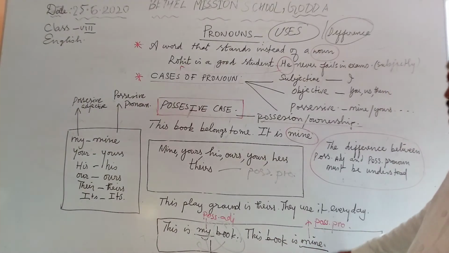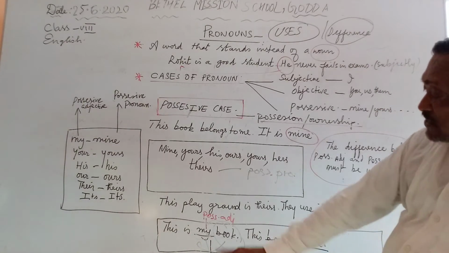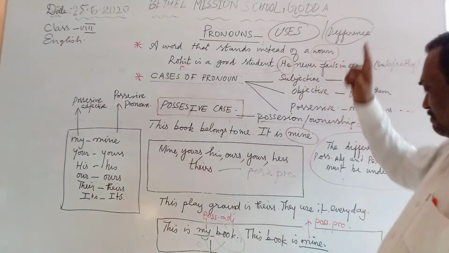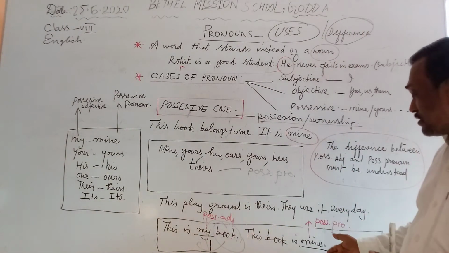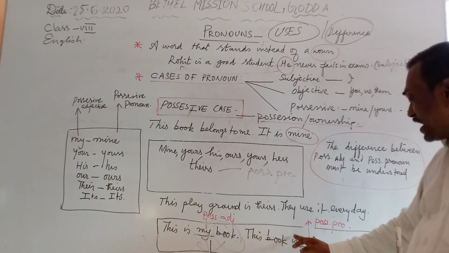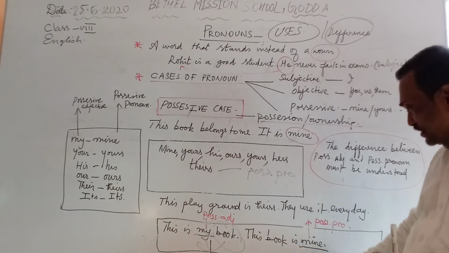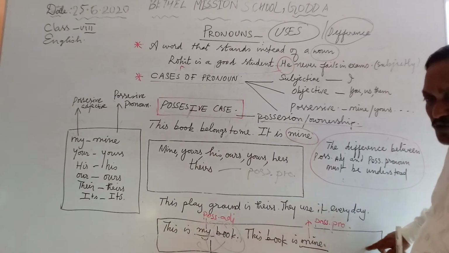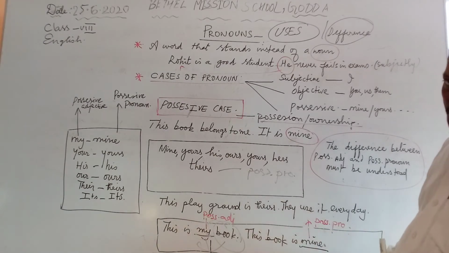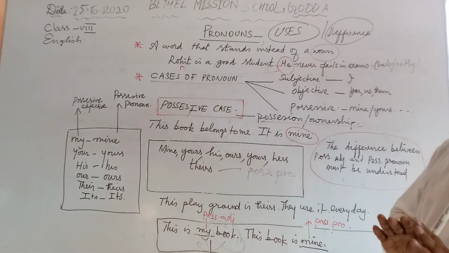Here, the word "mine" is not a possessive adjective, but a possessive pronoun. Why? Because after the noun there is a verb and the form changes completely. After the word "mine", there is no other word to continue. So, this is one indication.